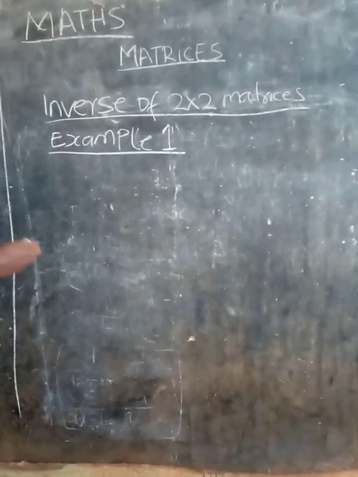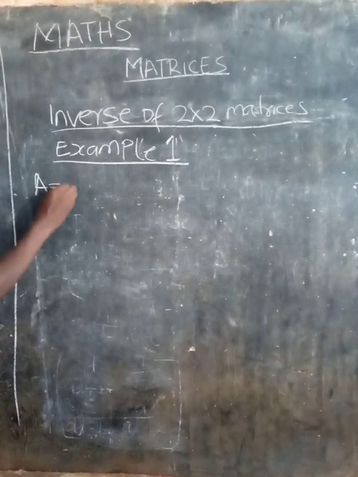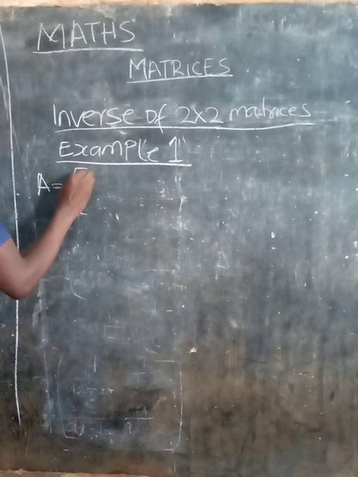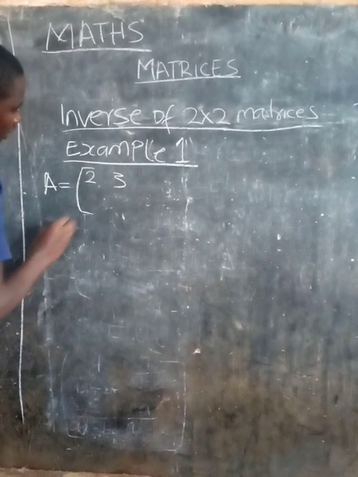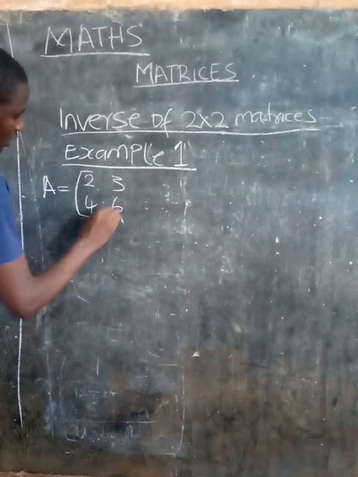Let us do example 1. Let's take matrix A to be equal to 2, 3, 4, 6.